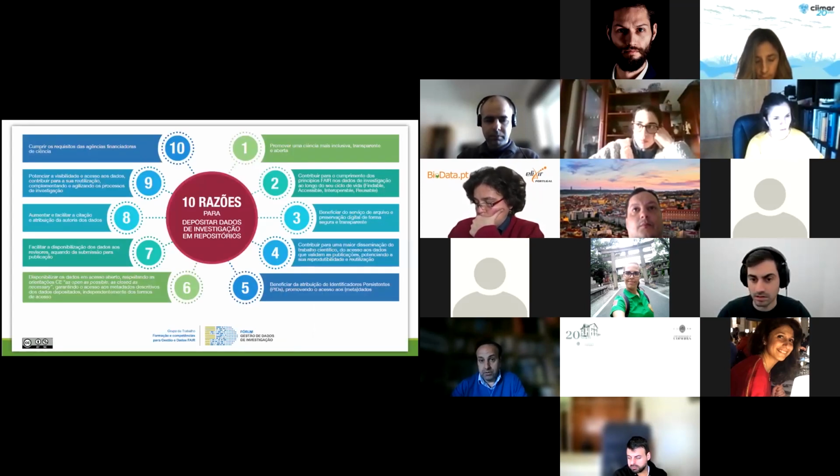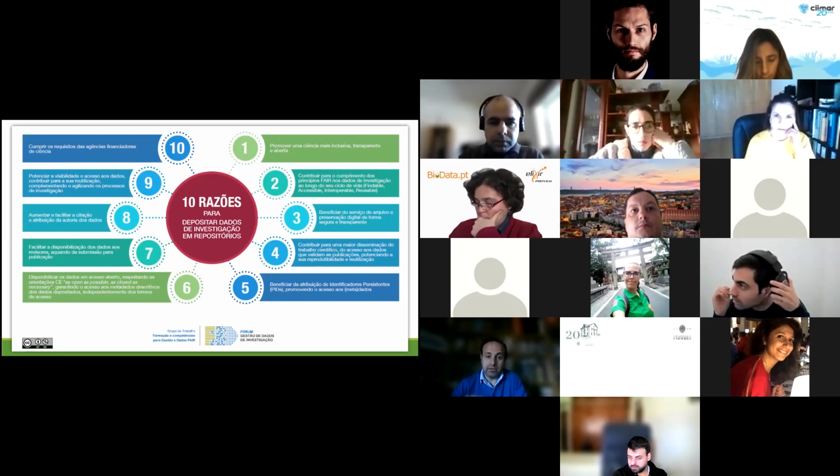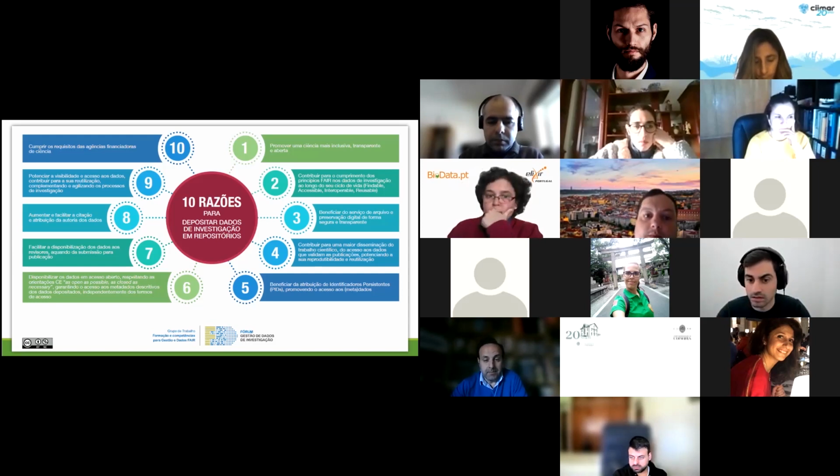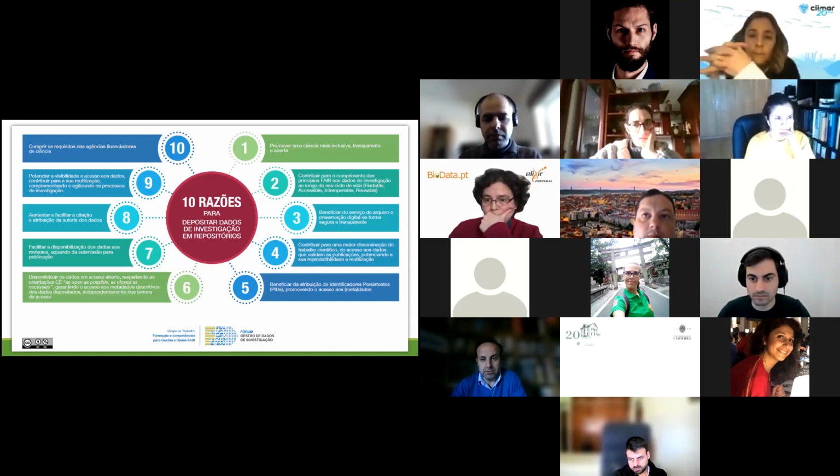There are different reasons to use a data repository. This is an infographic produced by the Portuguese RDM forum, which I also advise you to follow. This RDM national initiative produced this infographic, in Portuguese, highlighting 10 reasons to deposit data in institutional repositories.